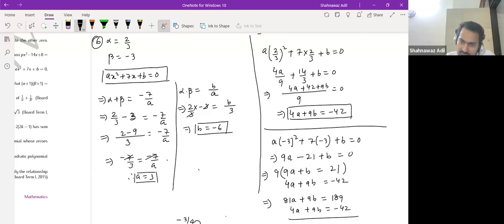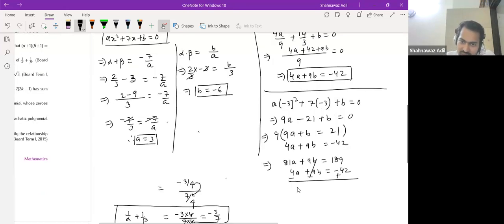So we subtract, and then we get 77a equals 231. So a equals 3, right?